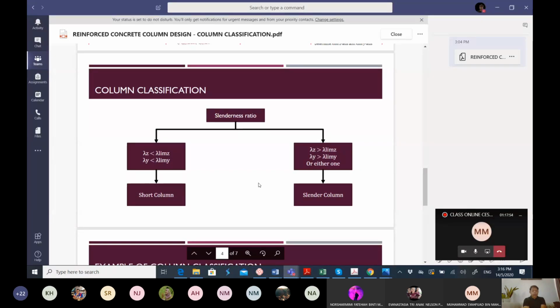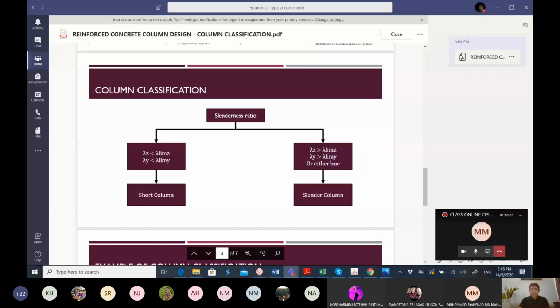Okay, last but not least, after you determine the lambda limit and also you determine the lambda Z and also lambda Y, you have to compare the result. If both lambda Z and lambda Y are less than the limitation value, therefore it is a short column. If you get both more than the limitation value, or either one, for example lambda Z is more than lambda limit Z but lambda Y is less than lambda limit Y, that means one is more, one is less, so it's considered as a slender column.